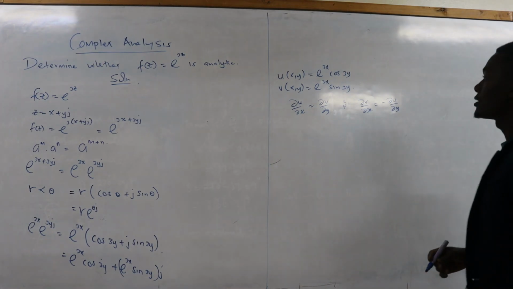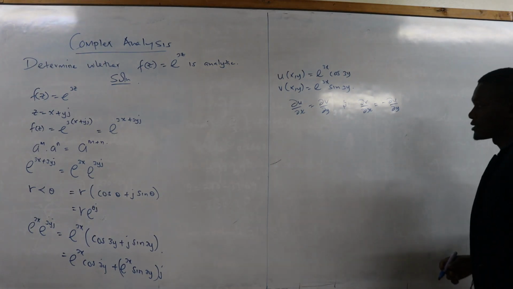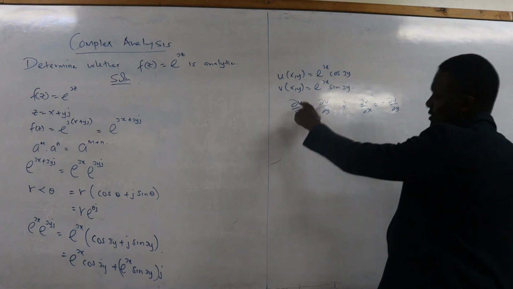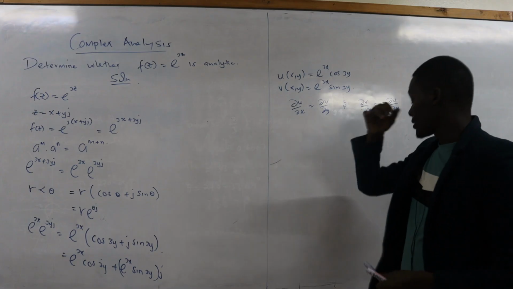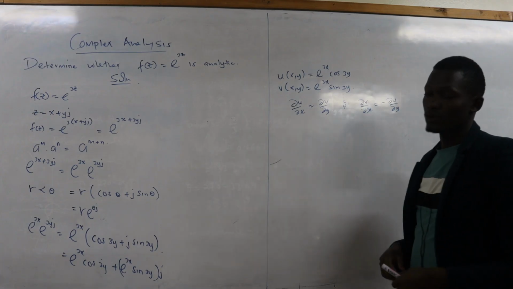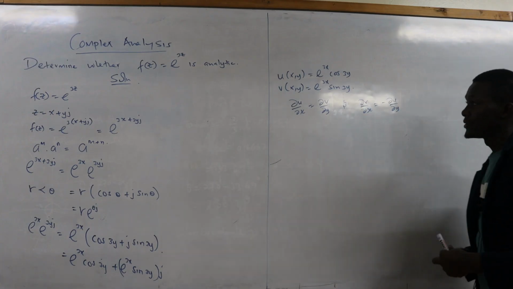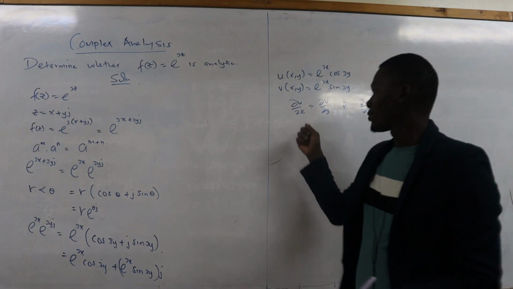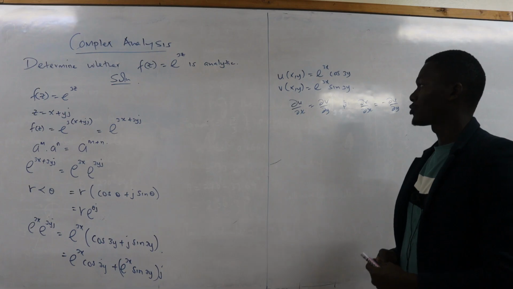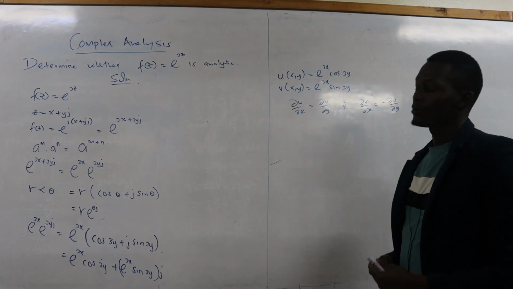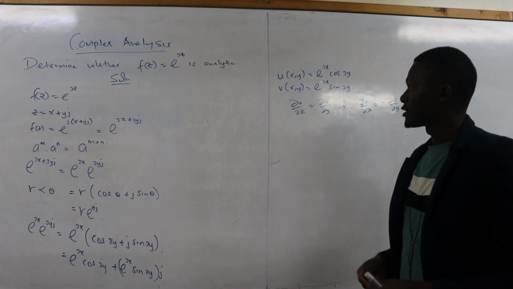Remember, all these are partial derivatives, so they are written with the curly d. So we have these two conditions for a function to be analytic. That means we have to differentiate u with respect to x and y, and also v with respect to x and y.